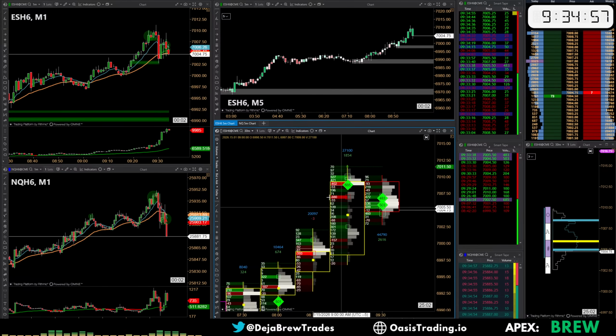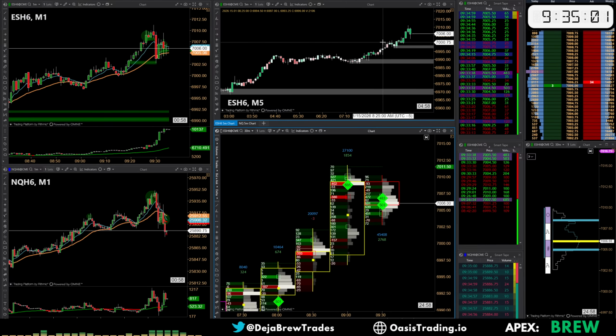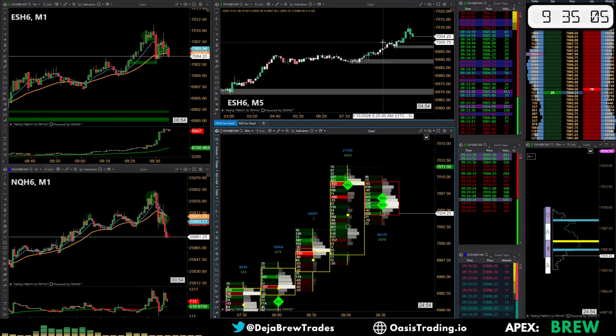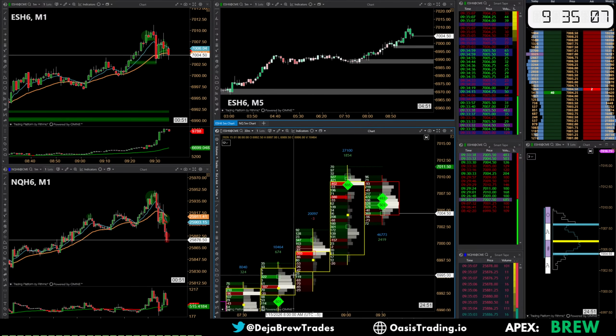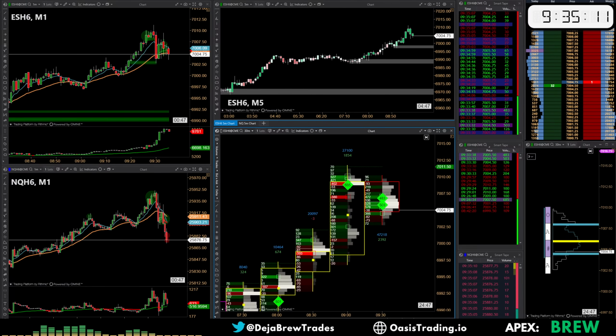A lot of limit sellers again. We're seeing the same thing we saw yesterday, where there's so much bullish delta coming in, but price is pushing down because of those limit sellers. Starting to lose that trend a little bit on NQ.